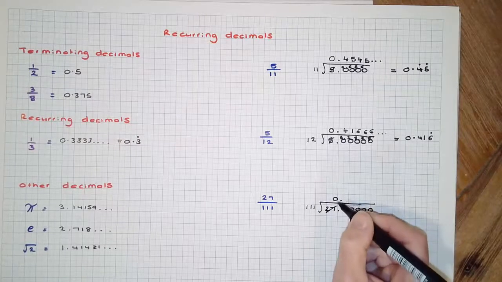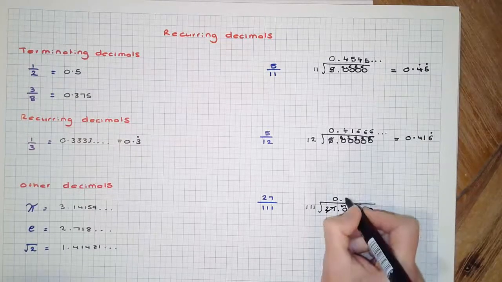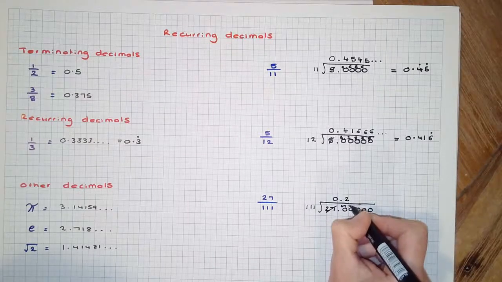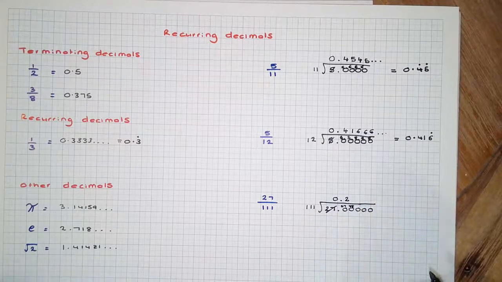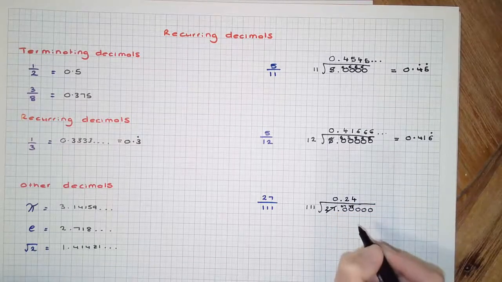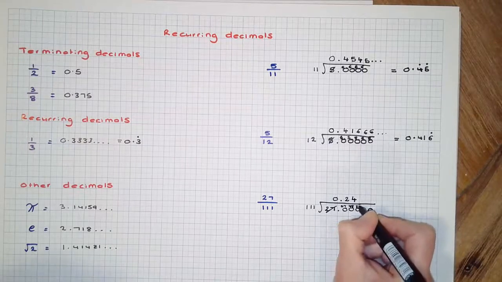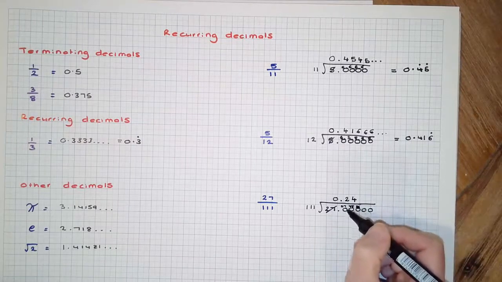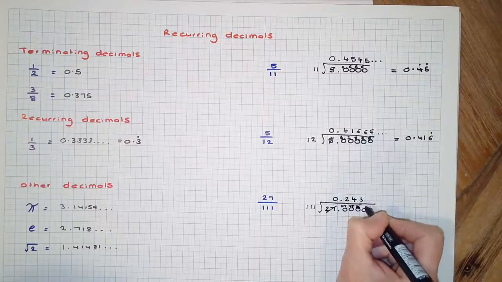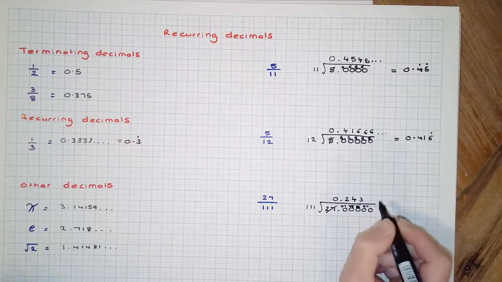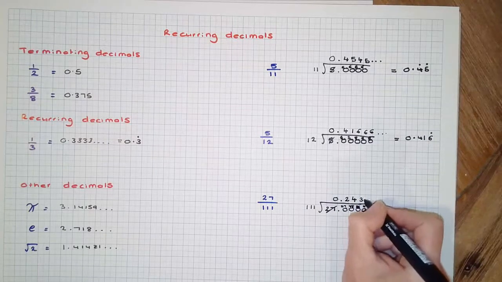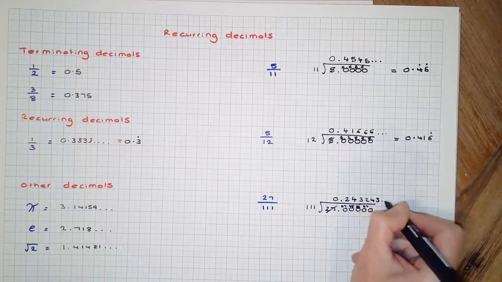Okay, 111 into 270 goes twice, which is 222, and I have 48 remainder. 111 into 480 goes 4, which is 444, and I have 36 remainder. 111 into 360 goes 3, and I have 27 remainder. Again, I have 27 remainder. So now I'm in a pattern that's going to repeat 243, 243.